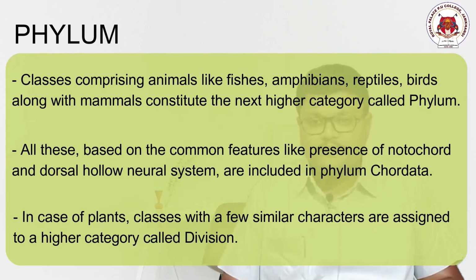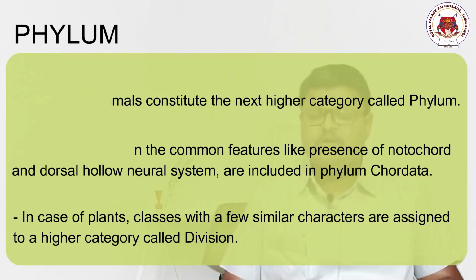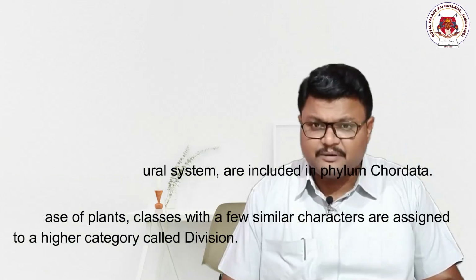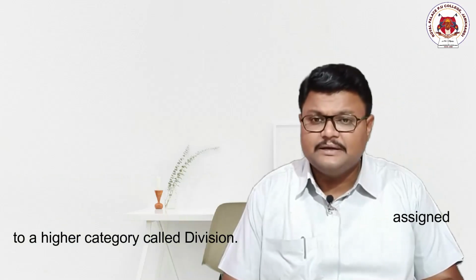And for the group of similar classes in the case of plants, I would refer to another word called division. Students, I'm going very briefly here. I'm not going much deeper into all these sections because these are for our understanding purposes with respect to our neat and theoretical explanations.